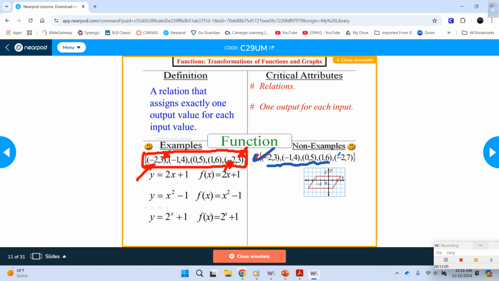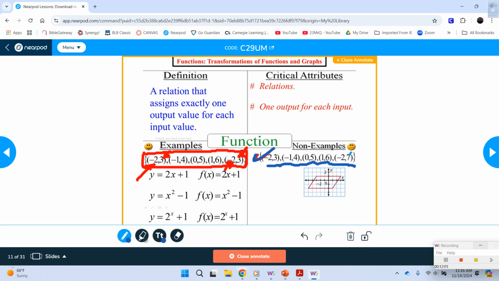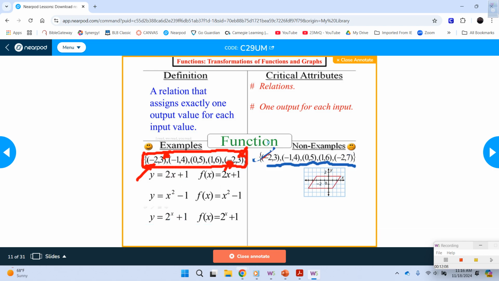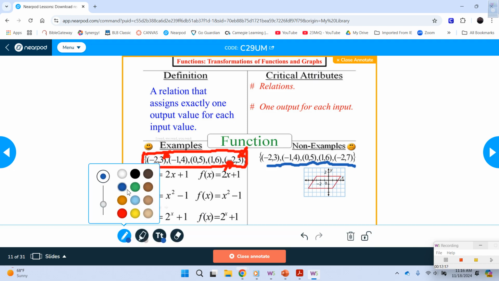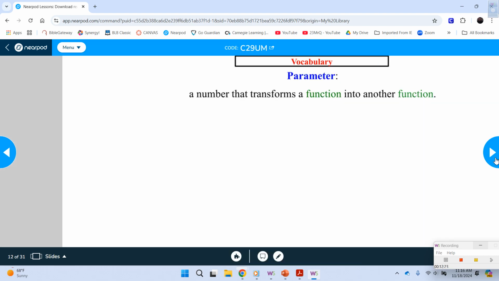Let's see. Help me out with this one. Ashland, why is that one not a function? Because on the last one, it should be a what? -2, 3. It should be a 3, and it's a 7. That is correct. All right.